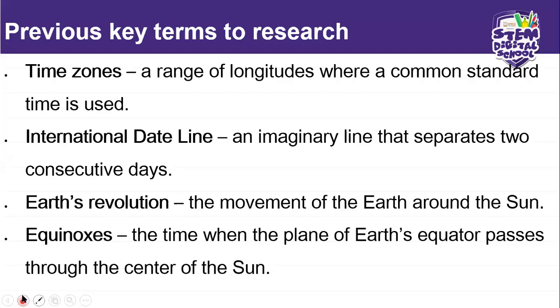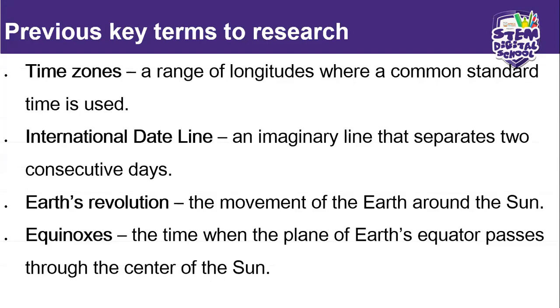And what is international date line? An imaginary line that separates two consecutive days. And what is Earth's revolution? You now see the revolution I was talking about. The movement of Earth around the sun. So it's different from rotation.